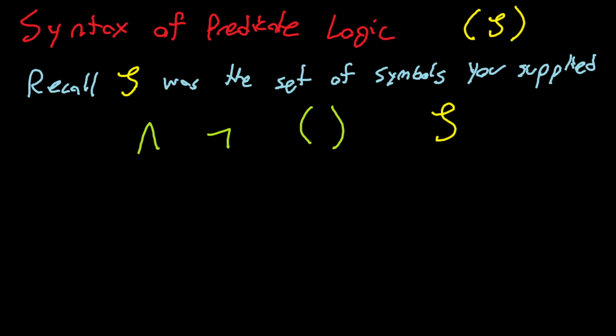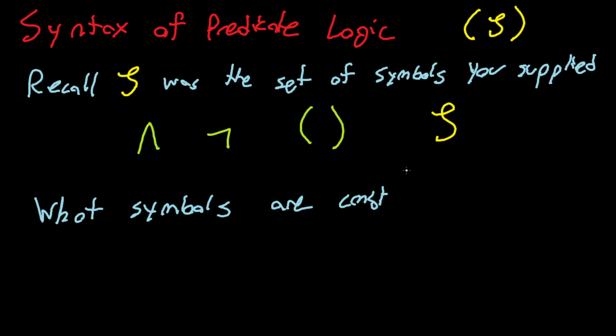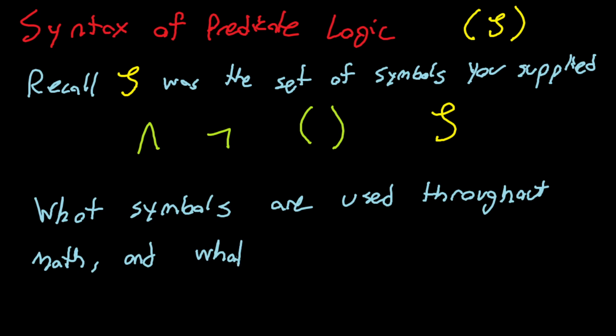So the point is, we need to uncover what symbols are constant, or a constant, I shouldn't use that because that'll be confusing, but what symbols are used throughout math, and what symbols vary by theory.